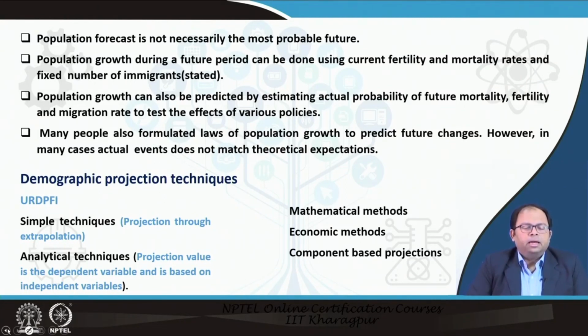So once we know these are the different kinds of demographic models that we have to form, we have to develop projection techniques for different demographic indicators. URDPFI has listed two ways of projecting population. There are simple techniques, where we just project through extrapolation, and then there are analytical techniques, where the projection value is the dependent variable and is based on some independent variables, that is, on a certain relationship.